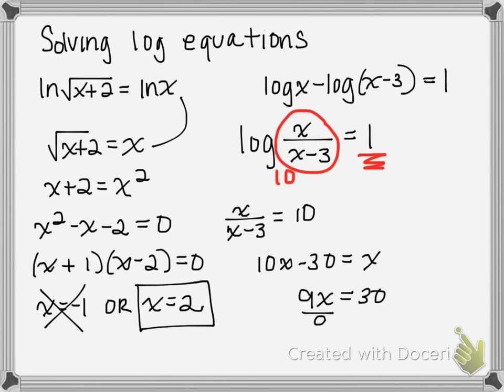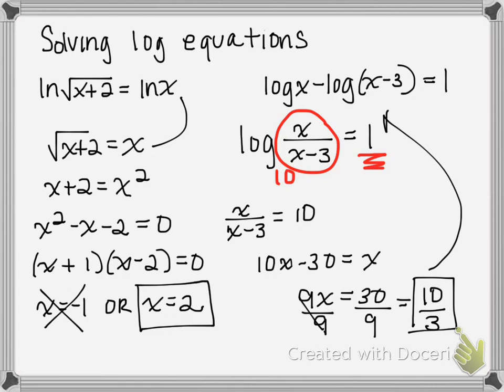And x is equal to 30 over 9, which is 10 over 3. And that's it. I may take a quick look and make sure that that's in the domain up here, and that it's not a solution that I need to reject. Just because there's only one solution doesn't mean that I don't need to check it.